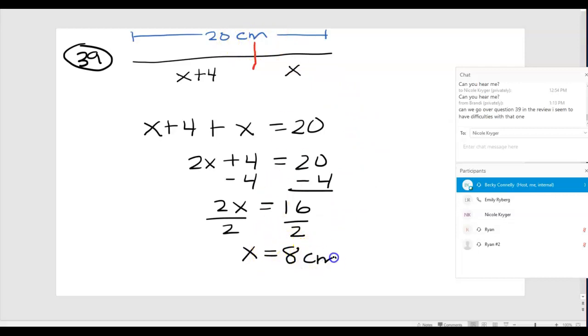So 8 centimeters, and X is our shorter piece, the way that we labeled this, and that's what it's asking us to find, but it could have easily asked us to find the longer piece, so just make sure that you notice on something like this if it wants the shorter piece or the longer piece. But this one is 8 centimeters, our shorter piece.